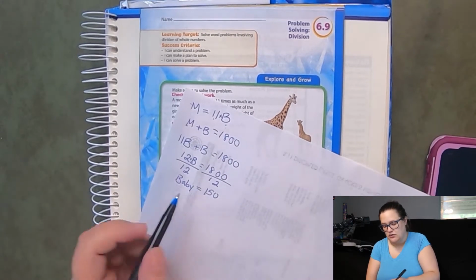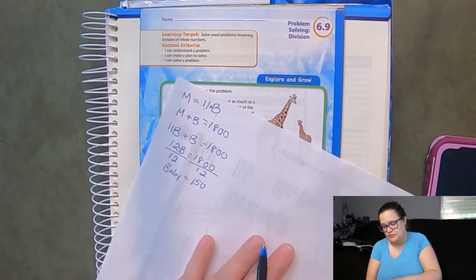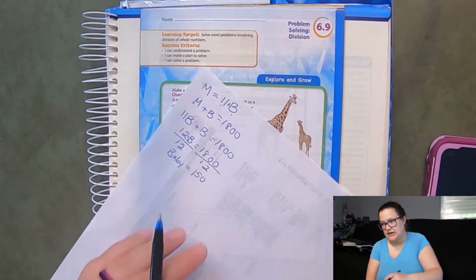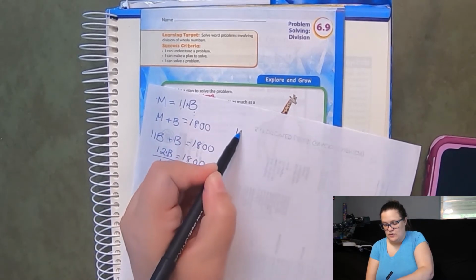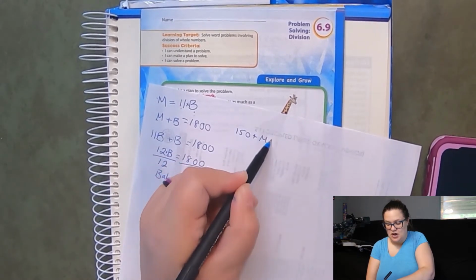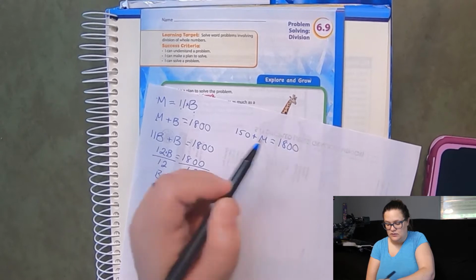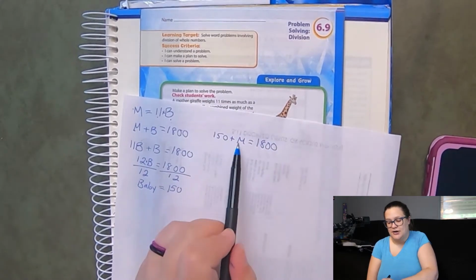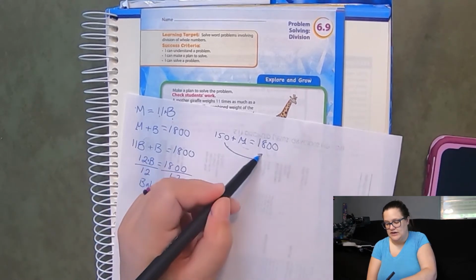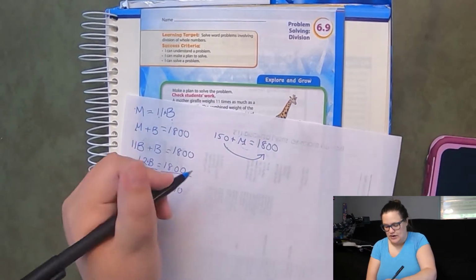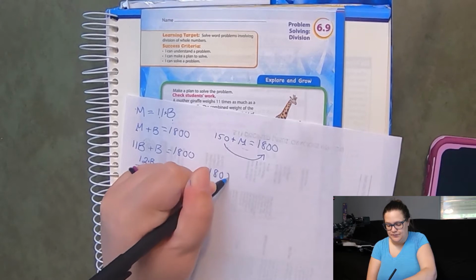Okay, now we know that mom plus baby equals 1,800. Now we know that the baby is 150. So we know that 150 plus whatever mom is equals 1,800. So how do you find a missing addend? You subtract. So we're going to take 150 and subtract it from 1,800.